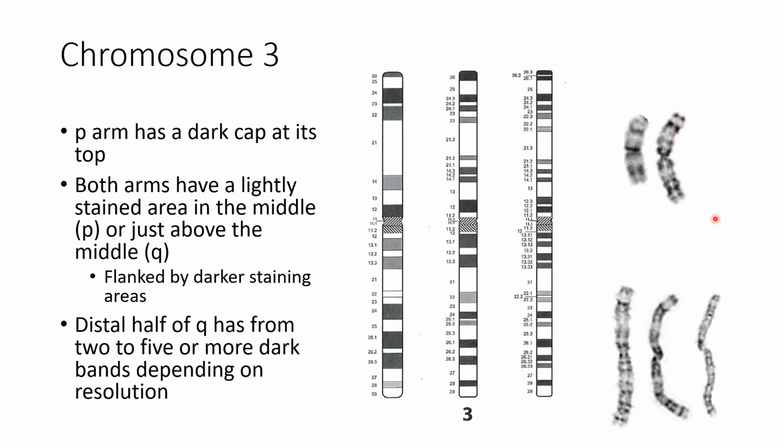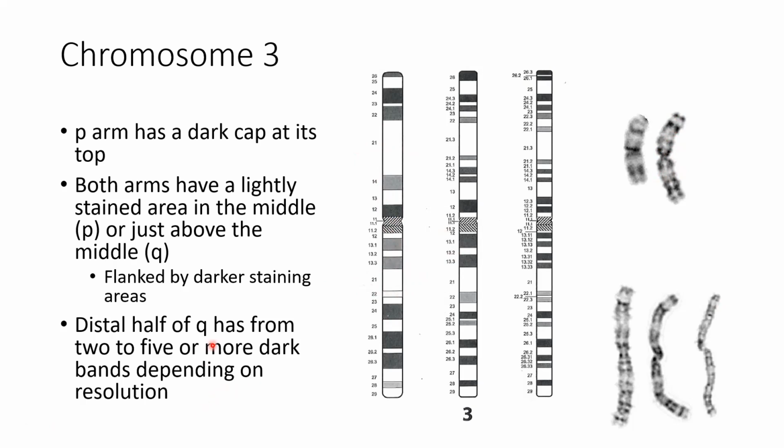Then to look kind of down the chromosome arm, P arm, we've got major dark bands, we've got a gap, we've got other major dark bands and the centromere, and then a gap in the middle, kind of in the middle of the Q arm, a little bit toward the centromere. This chromosome actually has 2 recognizable lightly stained areas on either side of the centromere, and then they're flanked by darker staining regions.